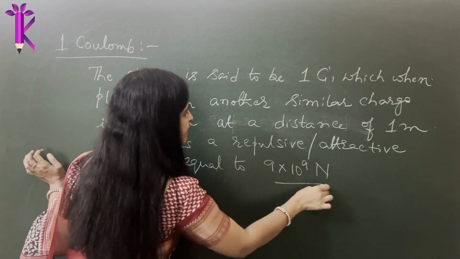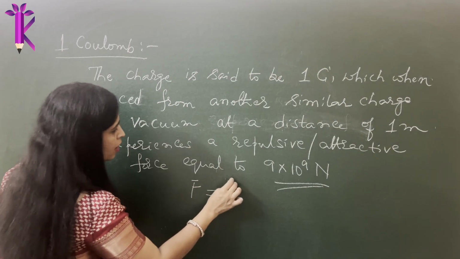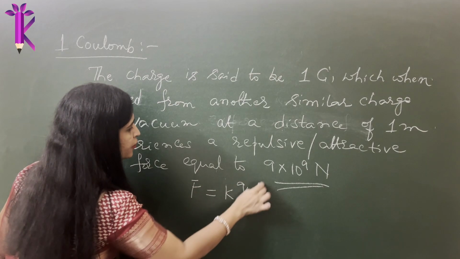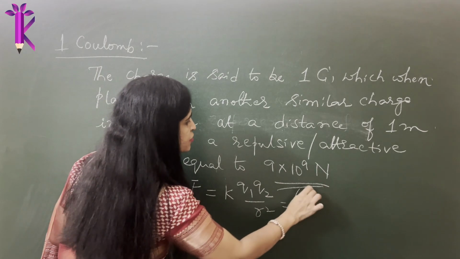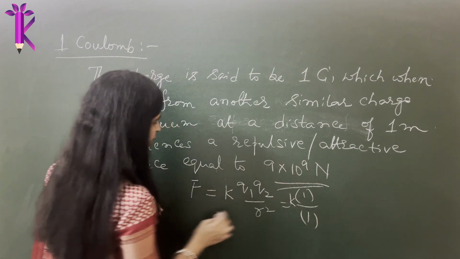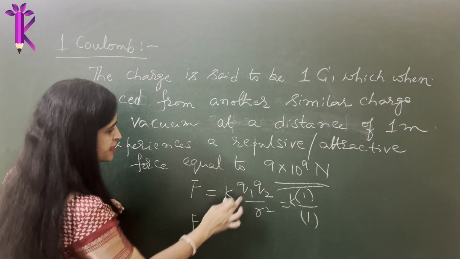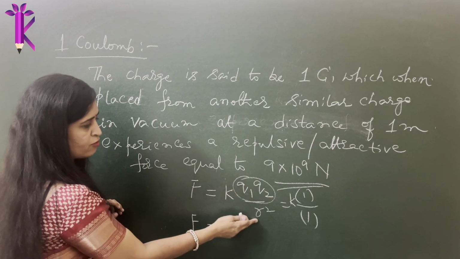Why? Because this is the value of K. How did I get this? F is equal to K into Q1 Q2 by R square. I am calling this 1 Coulomb, so Q1 will be 1, Q2 will also be 1, and the distance is 1 meter. So F is equal to K when both charges are 1 Coulomb and separated by a distance of 1 meter.